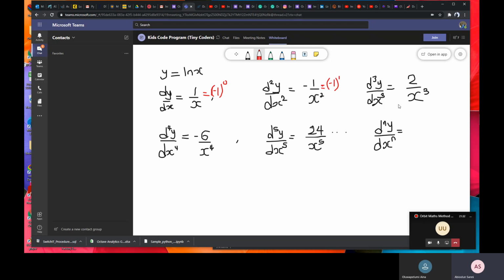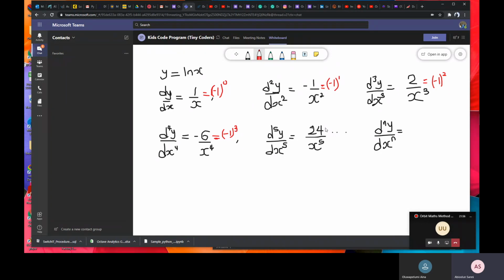Now this is -1 to the power 2, because that's going to be positive. This will be -1 to the power 3, which is negative.